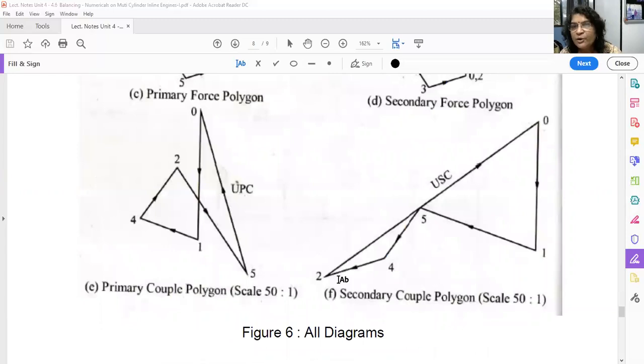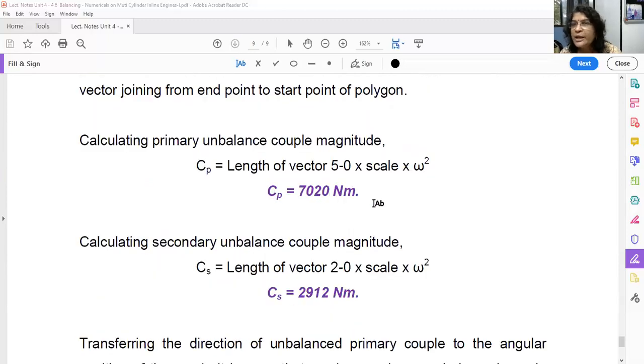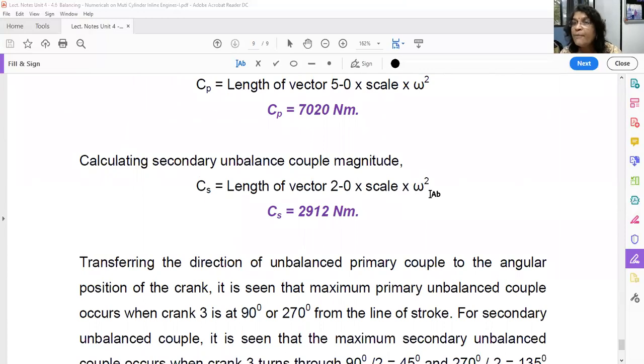This is point number 2, ending point, point number O, starting point, 2 to O. Measure this length. So that is 2O into scale into omega square upon n. I forgot to write down n here. Sorry. So length of the vector into scale into omega square upon n. That is some 3.94 value. So your secondary couple magnitude will be 2912 upon n Newton meter. This is your final answer.